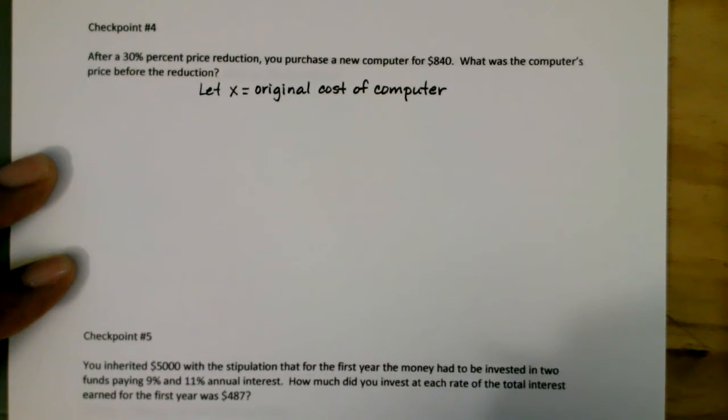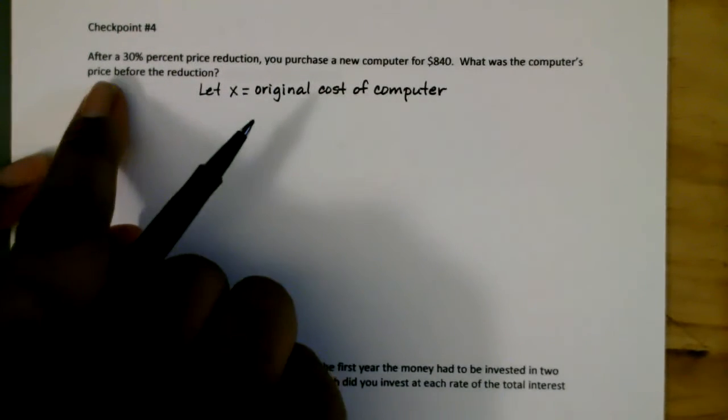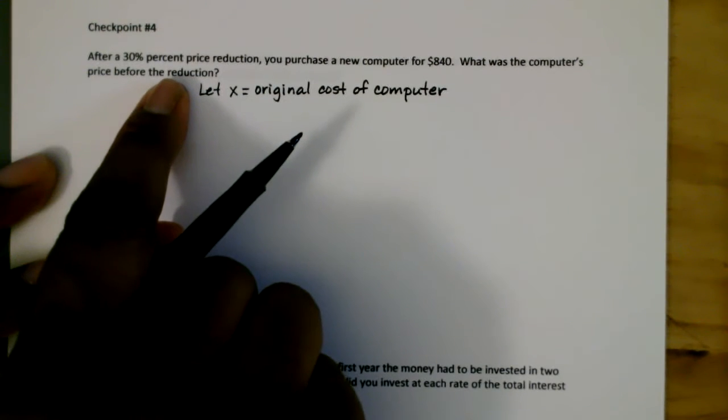Now, I'm going to show you two ways to solve this particular word problem. Here's the first way. We know there's a 30% price reduction. Now, 30% as a decimal is 0.30.